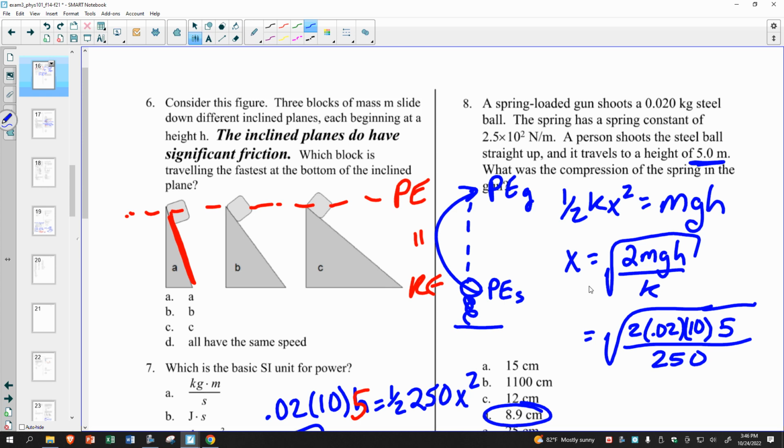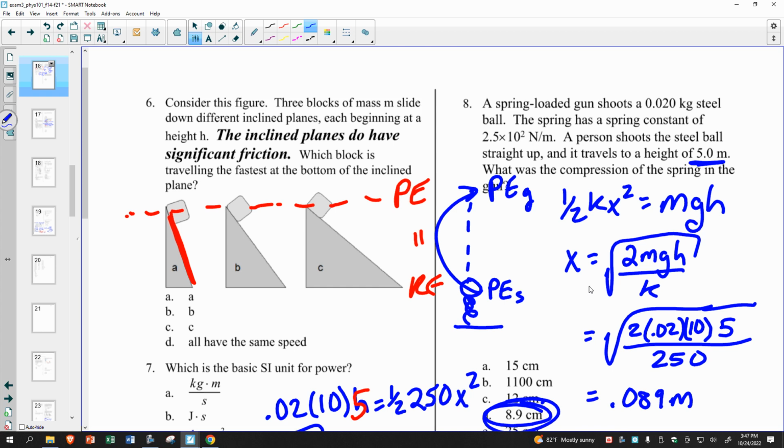Did that all right? Yeah. And then solve that, and I get 0.089 meters, which is 8.9 centimeters.